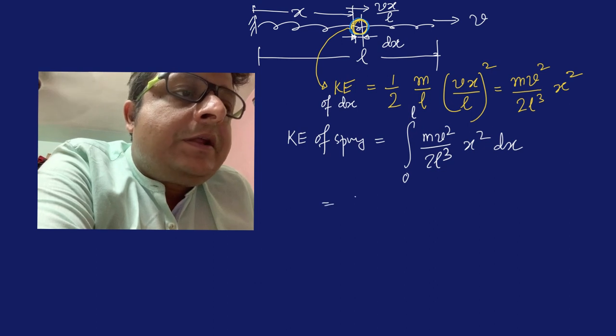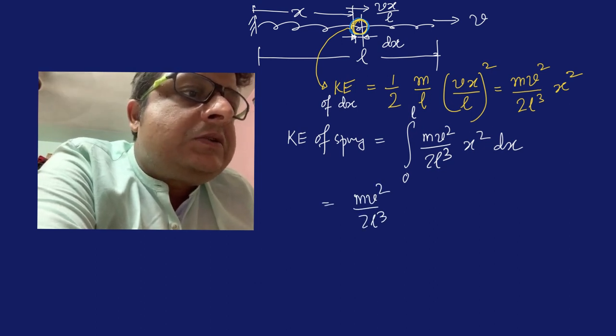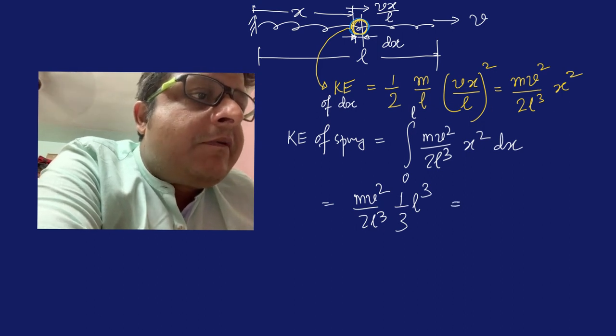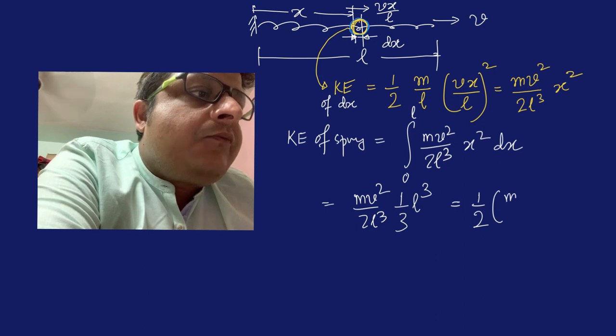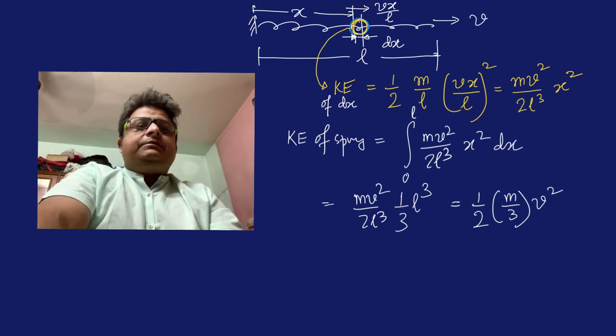So what do you have here? This m v square by 2l cube is a constant, and the integral is x cube by 3, so you have 1/3 into l cube. That means you have half of m by 3 times v square.